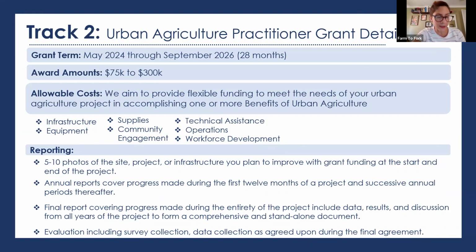You will be required to submit annual reports, which include what happened during the first 12 months and every 12-month period thereafter, a standalone final report, and then also evaluation, including survey collection and data collection, as agreed upon during the creation of the final agreement, which is the contract period.